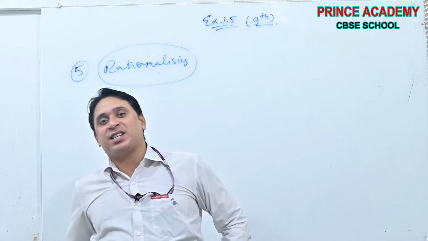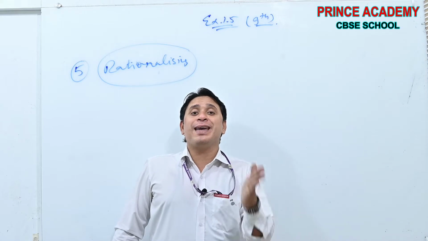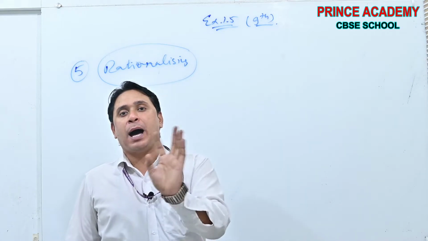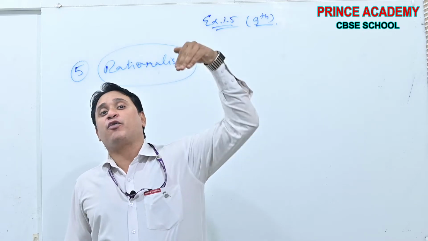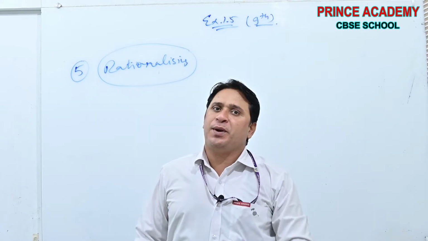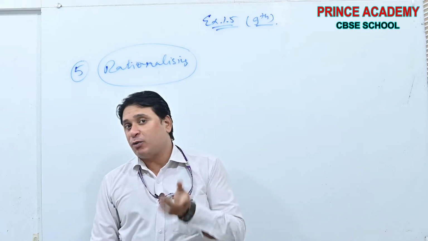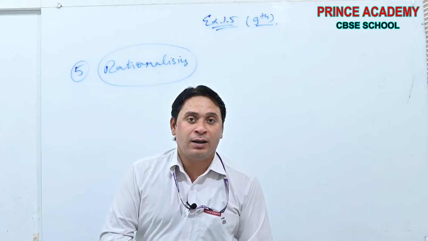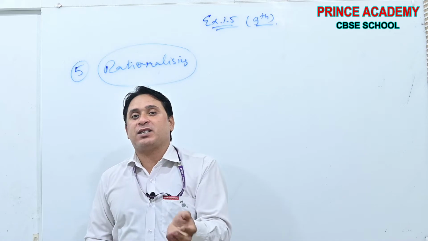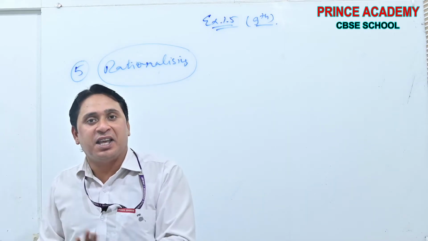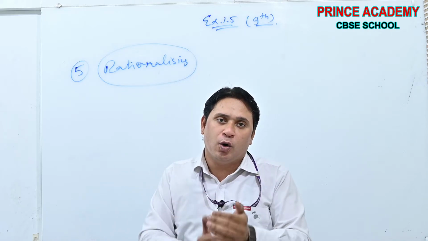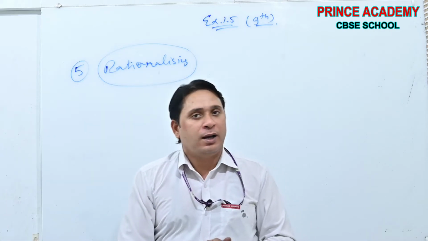In mathematics, rationalizing means removing the root part. See beta, removing the root part from the numerator or from the denominator is your choice. But whatever I have said earlier, by the rule of mathematics, we should not leave the denominator as irrational. Therefore, we will remove the irrational part from the denominator.